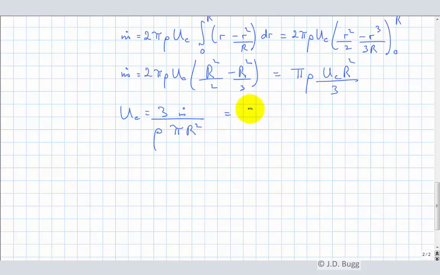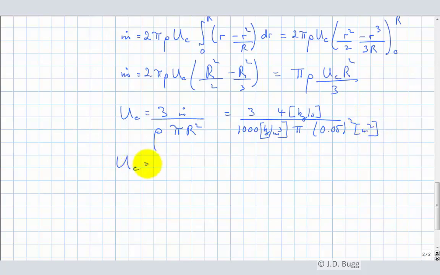So that's equal to 3 times the mass flow rate, which was given as 4 kilograms per second, over the density, 1,000 kilograms per meter cubed, times pi times R squared, 0.05 meters squared. So the centerline velocity evaluates out to 1.528 meters per second.